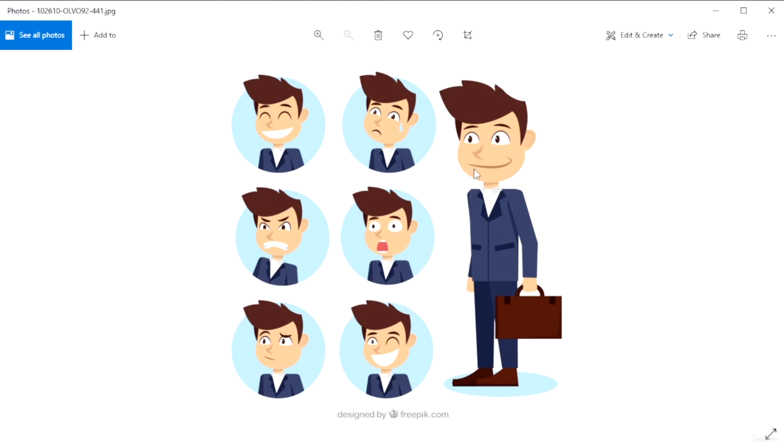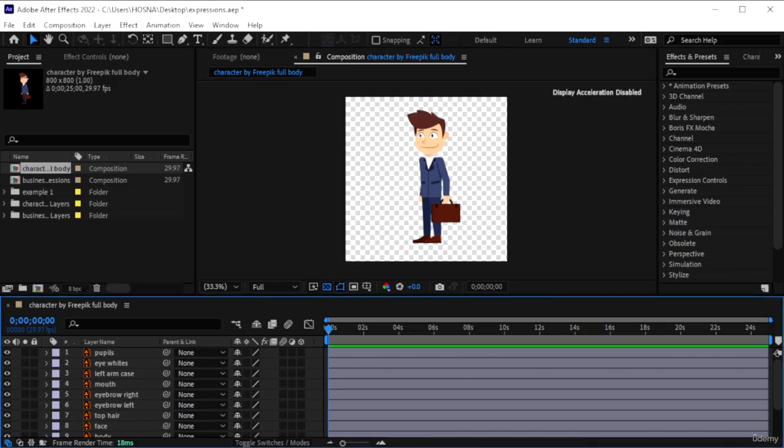So this makes it easier for me to just use what the designer gave me, in this case Freepik, and I could simply switch around between the mouths and the eyes and the eyebrows whenever I'm trying to change the expression of my character. This way, I don't have to design the things myself using the pen tool like we did in example 1. But even if your character doesn't have any of these, in the previous example, we saw how to solve the problem. So let's go back into After Effects.